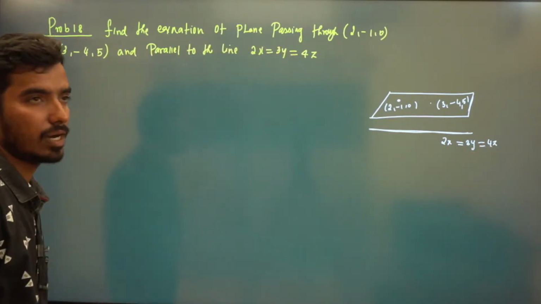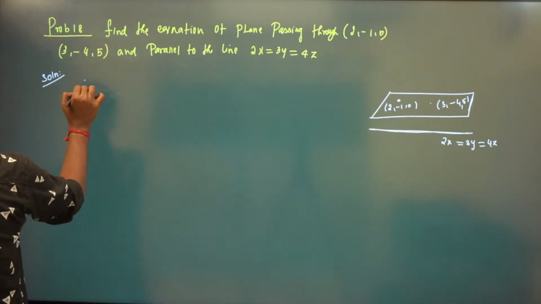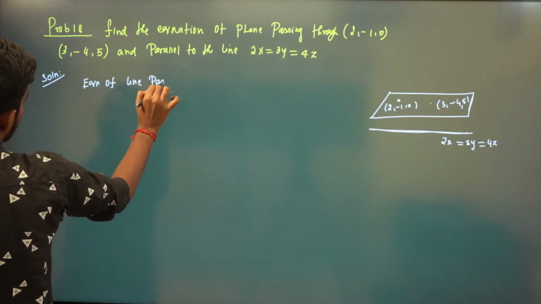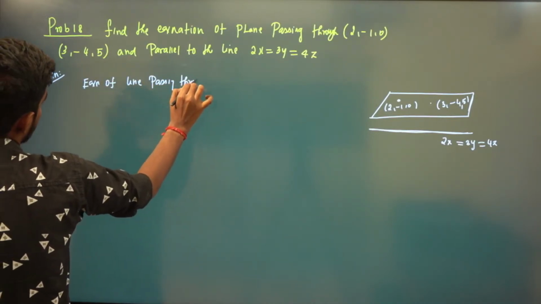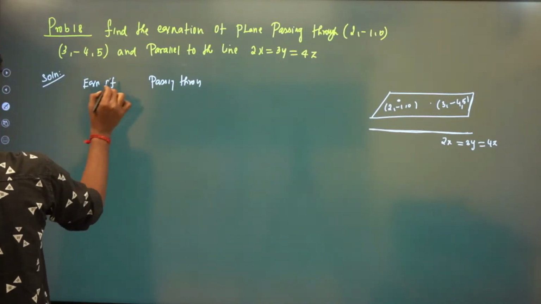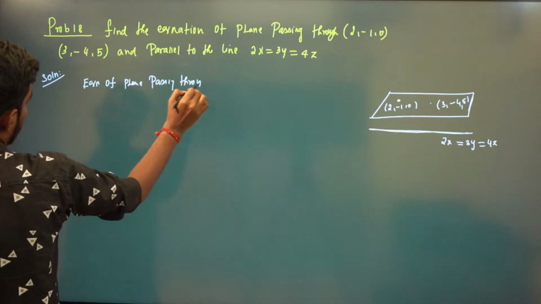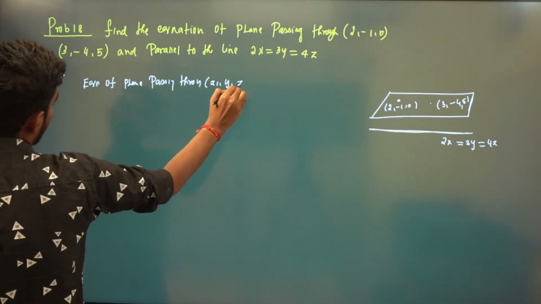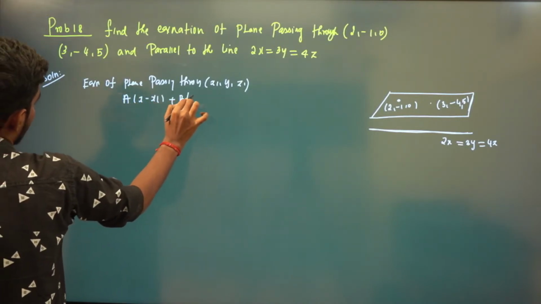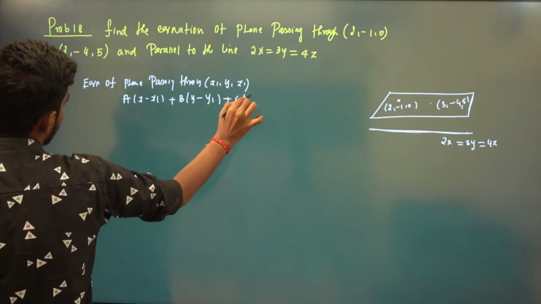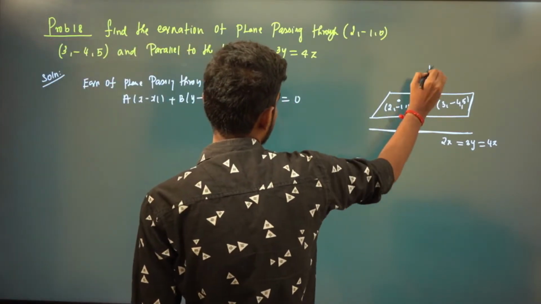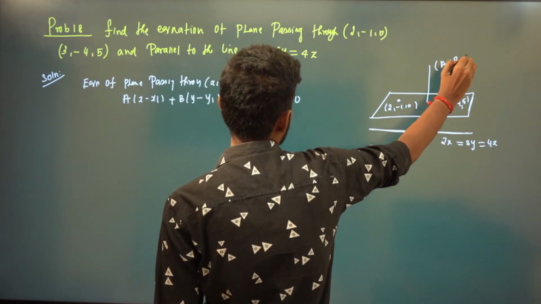What is the equation of a plane passing through a point? The equation of a plane passing through a point x1, y1, z1 is given by a into x minus x1 plus b into y minus y1 plus c into z minus z1 is 0, where a, b, c is the direction ratio of the normal, right?